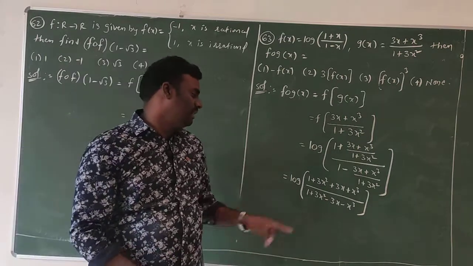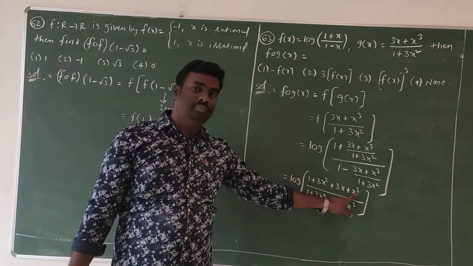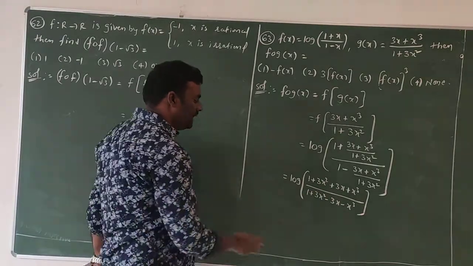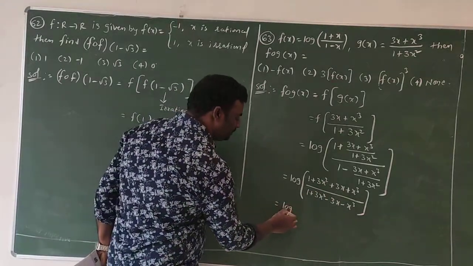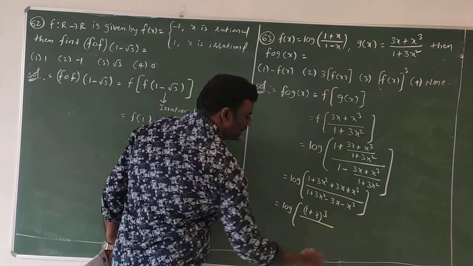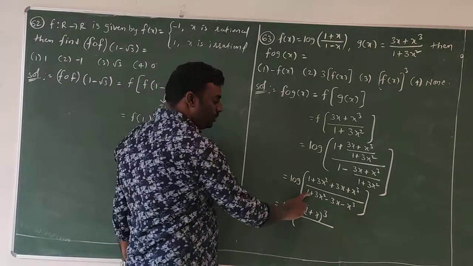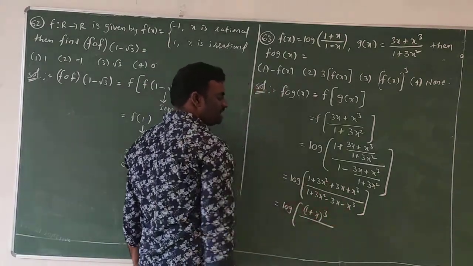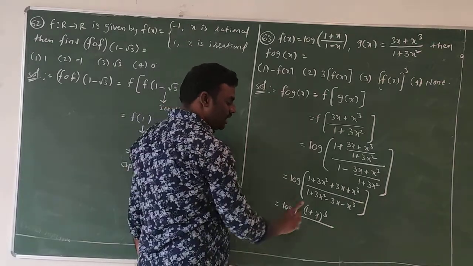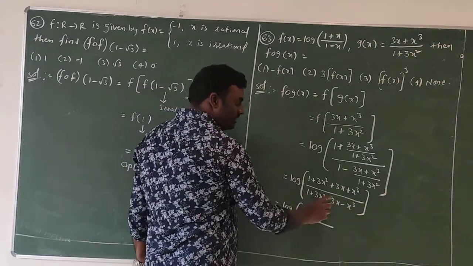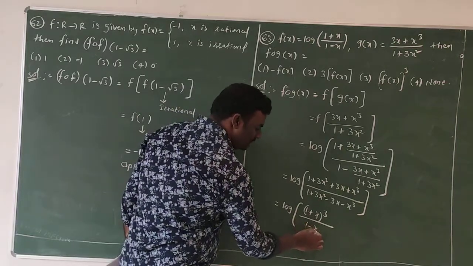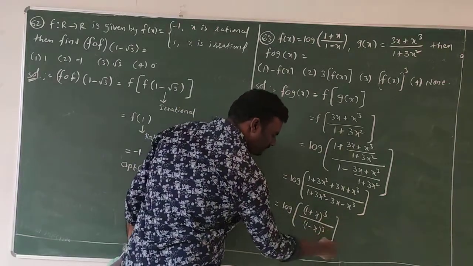The numerator is in the form of a cube plus b cube plus 3a square b plus 3ab square, that is nothing but a plus b whole cube, 1 plus x whole cube. And the denominator is in the form of a cube minus b cube plus 3a square b minus 3ab square. This is a minus b whole cube.